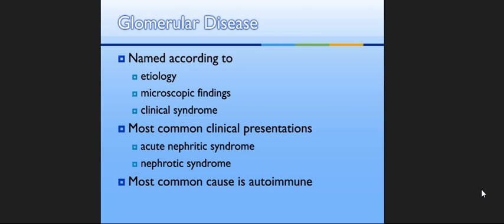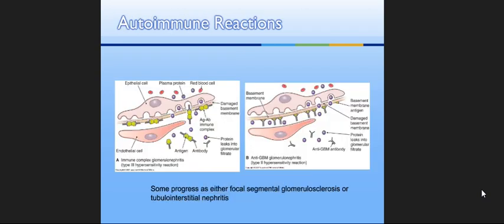The most common cause in glomerular disease, as I told you, is autoimmune disease. Antigen-antibody complex deposits on the glomerulus. So it's an explanation of what's going on in autoimmunity.